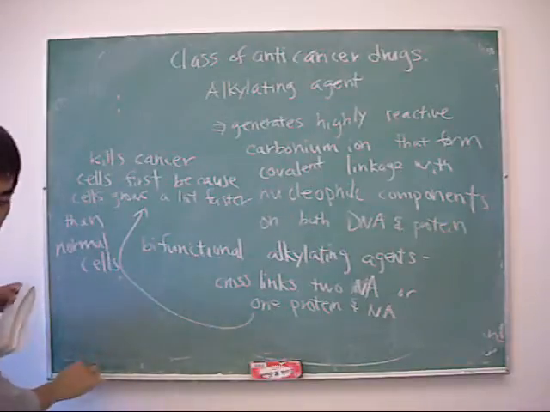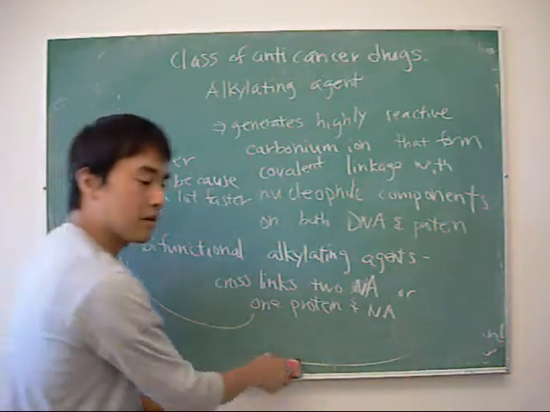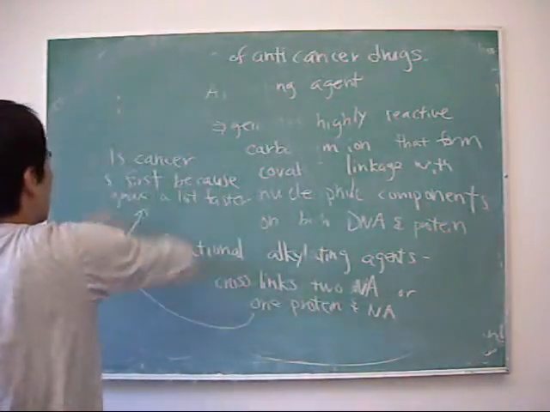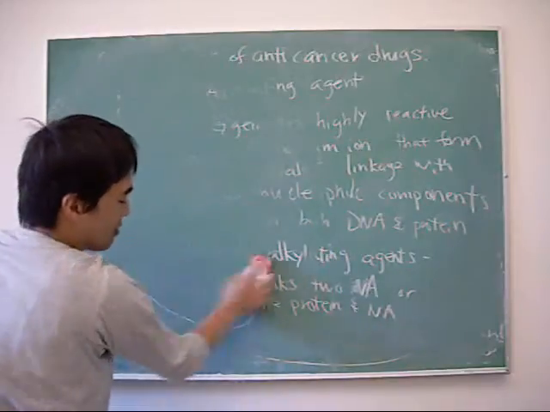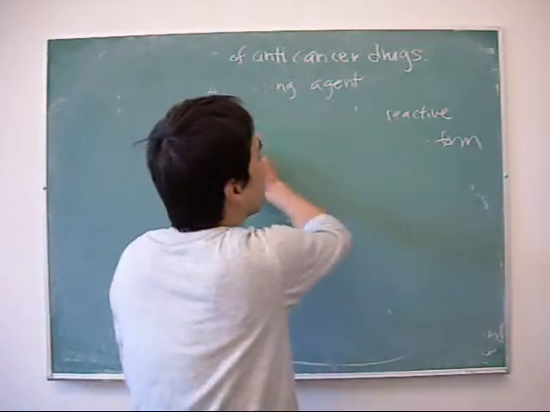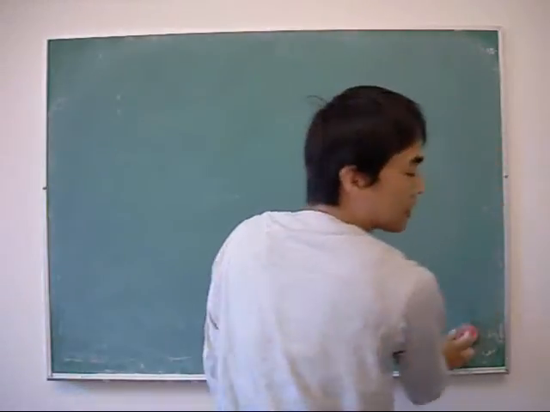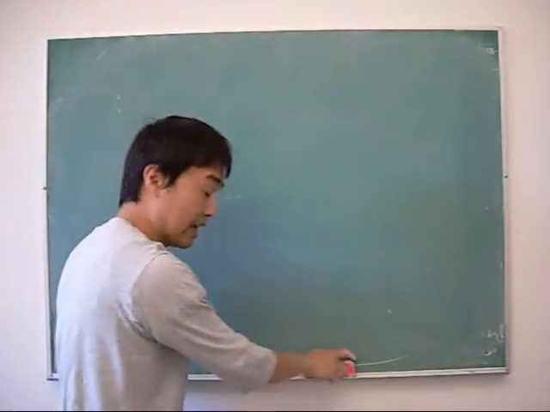So keep that in mind. You kill cells, but they get killed at different rates. So hopefully you kill cancer cells before you kill normal cells, and that's the idea, basically.